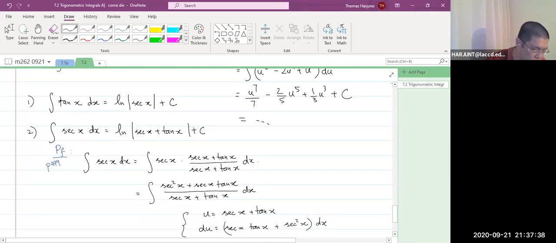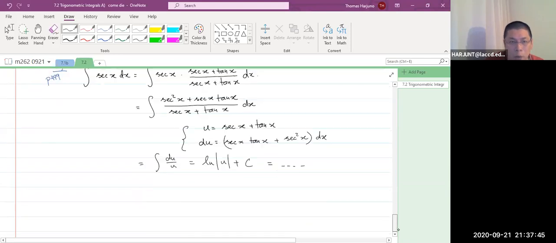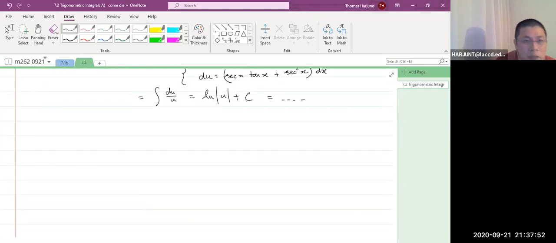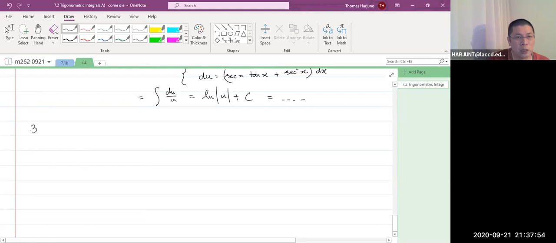But there's one more integral that shows up a lot in our calculus 2, quite often, especially in chapter 7, such that I would recommend you memorize this. As I remember, it shows up a couple times also in chapter 8 and chapter 10, which is the integral of secant cubed x dx. Now, I need you to memorize this one though.